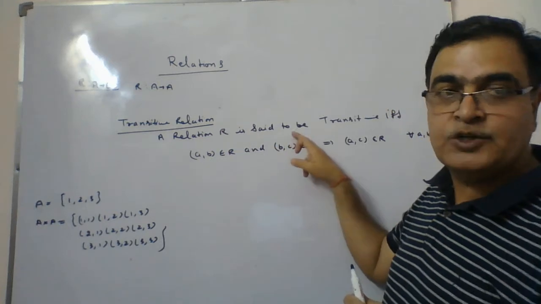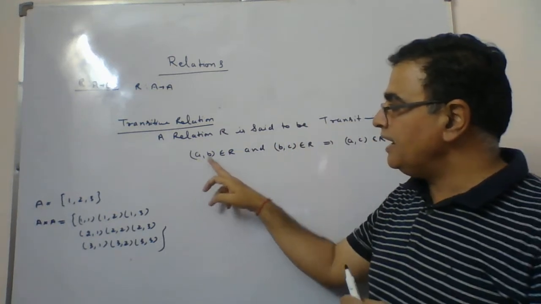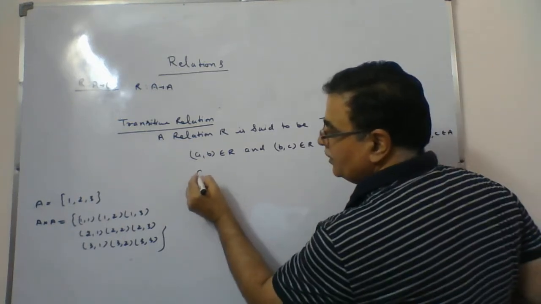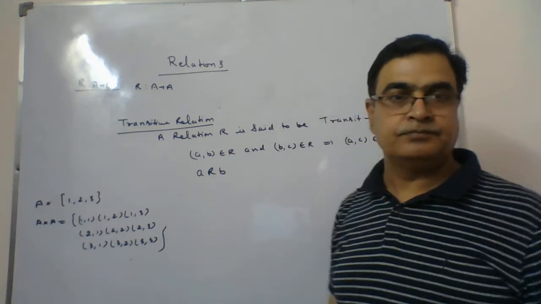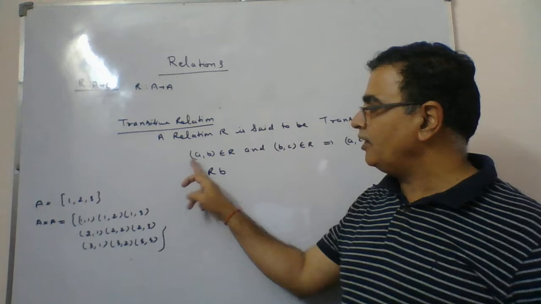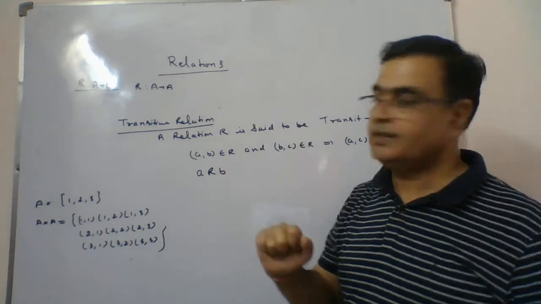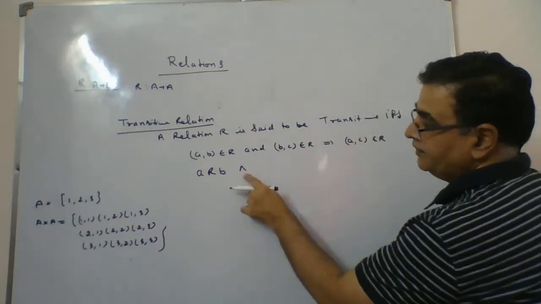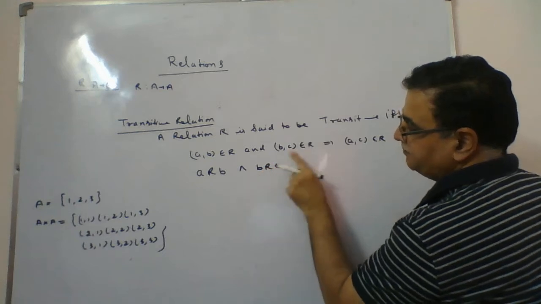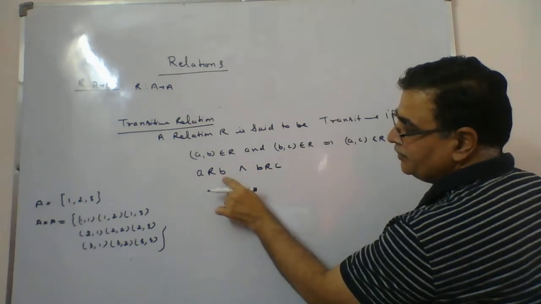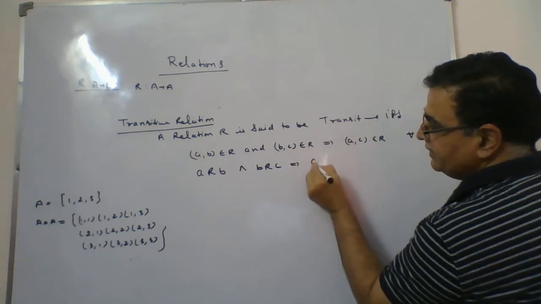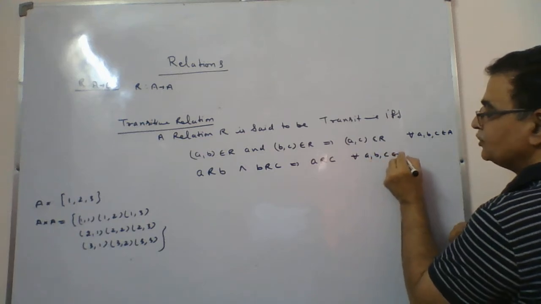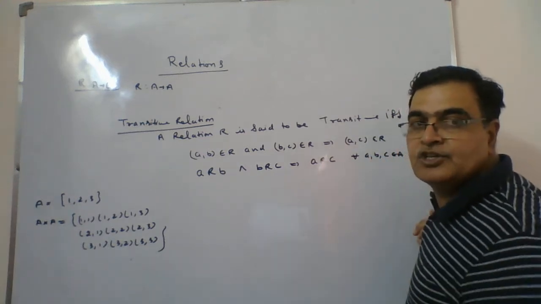A relation R is said to be transitive if and only if (A, B) is a member of R, meaning A relates with B, and B relates with C, that is (B, C) belongs to R, implies A relates with C, for all A, B, C belonging to A. If this condition holds, we will say yes, the relation is transitive.